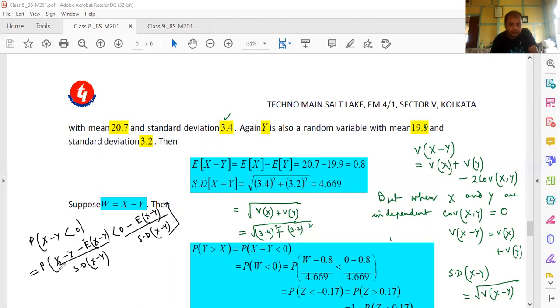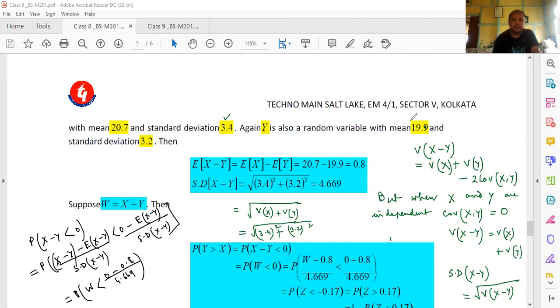This variable, X minus Y minus the expectation of X minus Y, divided by the standard deviation of X minus Y, has been named capital W. The expectation of X minus Y has been obtained as minus 0.8, and the standard deviation of X minus Y has been calculated as 4.669.